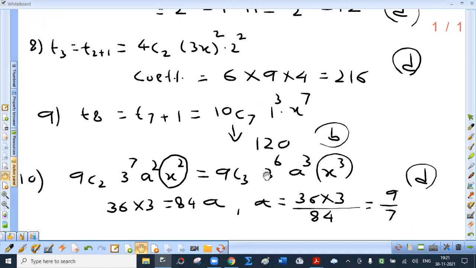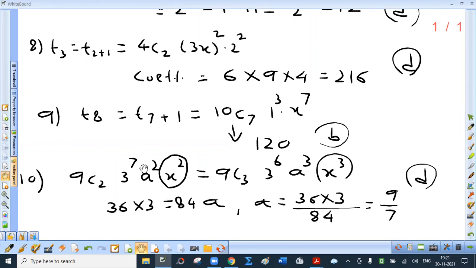10th one, the coefficients of x² and x³ in the expansion of (3 + ax)^9 are the same, then a is. So 9C2. See, I have omitted a few steps because in the first it will be 3^9, then 3^8 into ax. So in the third term, it will be 9C2, 3^7, a² x².